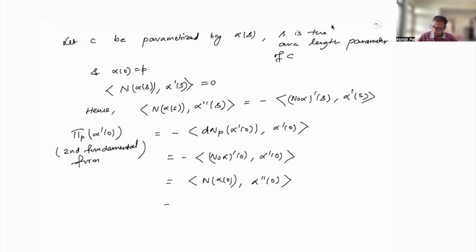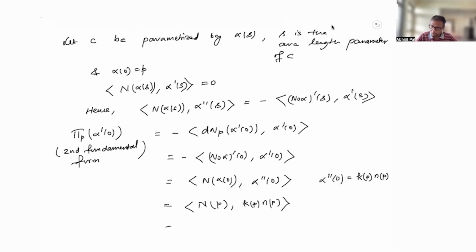So now recall that alpha double prime 0 is equal to Kp times Np, where Kp is the curvature of the curve alpha, and Np is the unit normal vector of alpha at the point alpha 0, which is equal to P. So this will be equal to inner product of n at the point alpha 0, which is equal to P. Alpha 0 is equal to P. So therefore, inner product of Np with Kp times the normal vector small np.